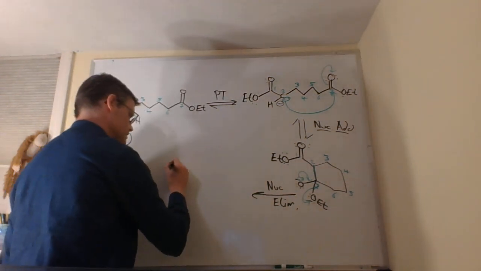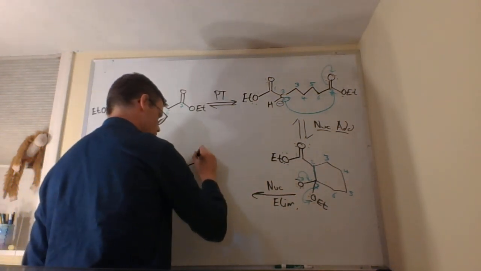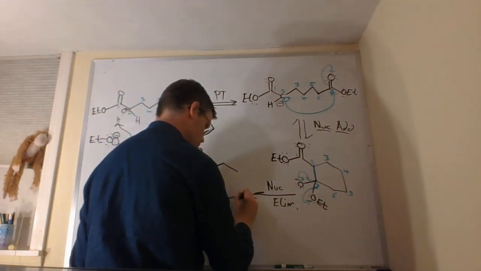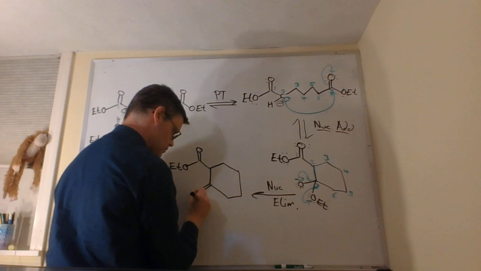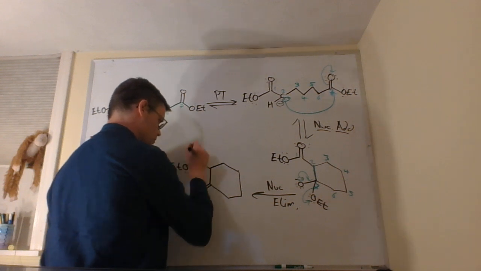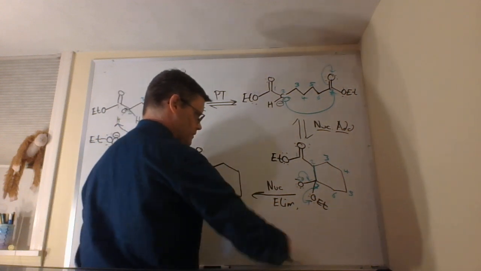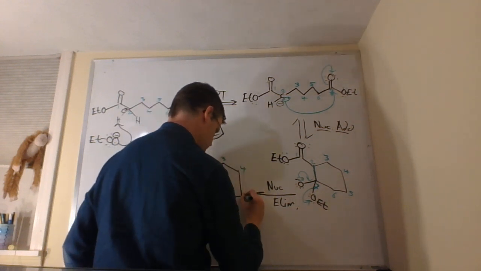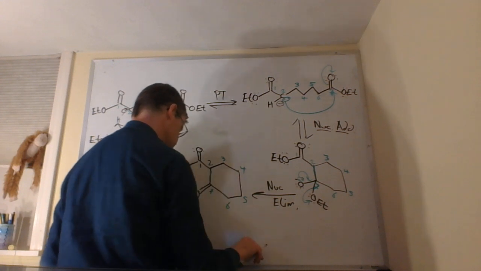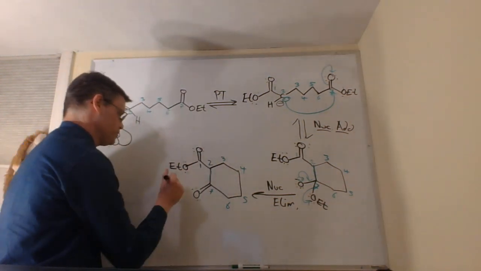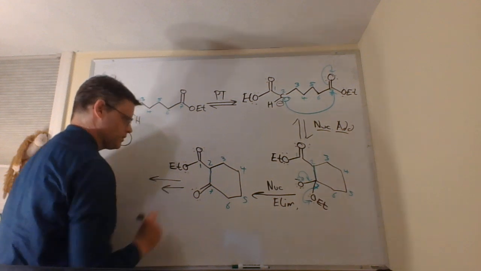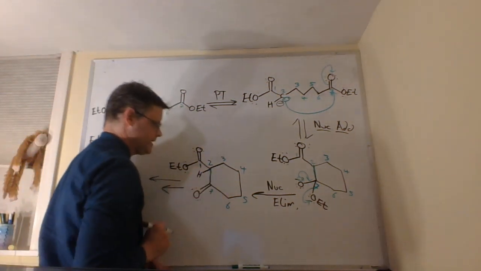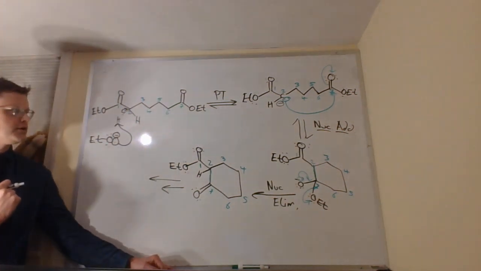And that gets me here. There's my product: 1, 2, 3, 4, 5, 6, 7. Now if you remember from the previous video, this hydrogen on carbon 2 has a pKa of about 11, so it's very acidic.